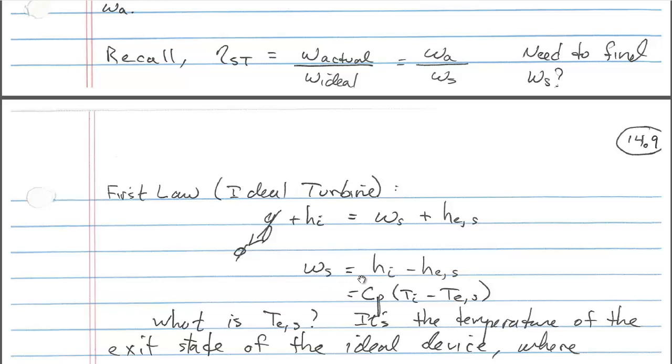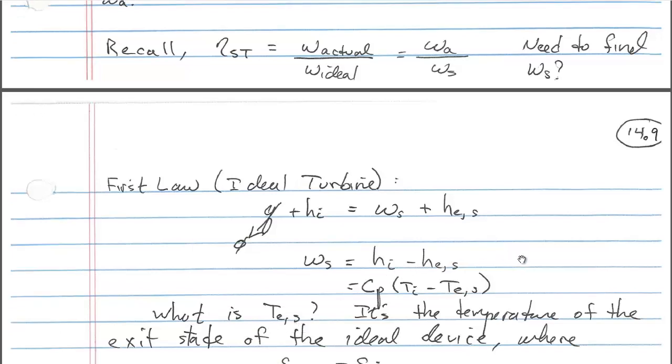And W sub S is equal to HI minus HE comma S. And again, we know that air is an ideal gas, so this delta H is equal to Cp delta T. If we look at this Cp delta T, I know Ti, but I don't have a value for Te comma S. I don't know what that ideal exit temperature is. So now my question is, what is the ideal exit temperature? What is Te comma S?